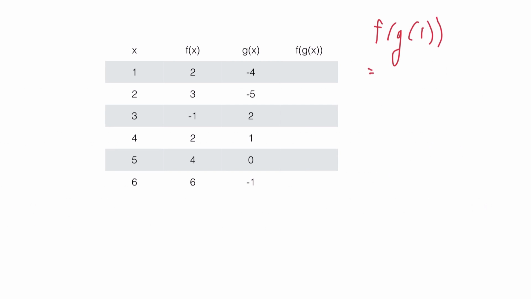Well, what is g of 1? It's -4. So then the question is, what is f of g of -4? Well, I don't have that value here, so I cannot compute it because I don't know f of -4.